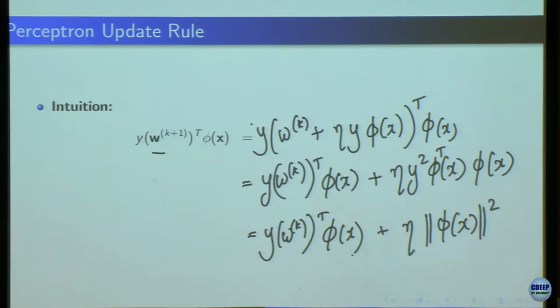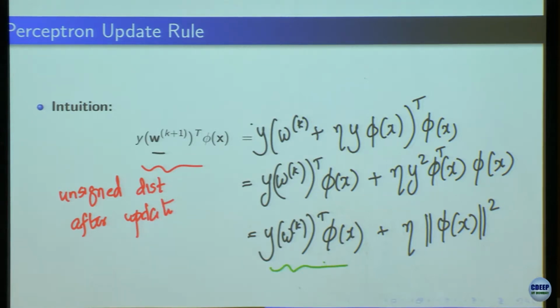What is it a sum of? The unsigned distance after update, it is a sum of the unsigned distance before update plus this y square, all of you see it's always 1, right?